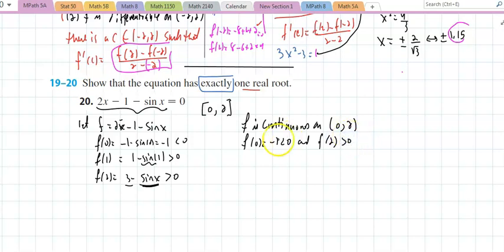Then, automatically, out of those two, what do we know? Once you show those, there exists a c in the open interval from 0 to 2 such that f of c equals 0. And this is by what?